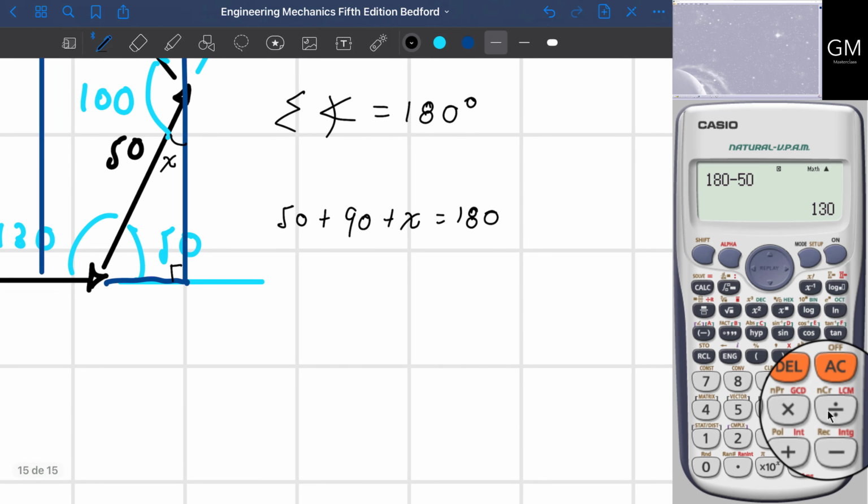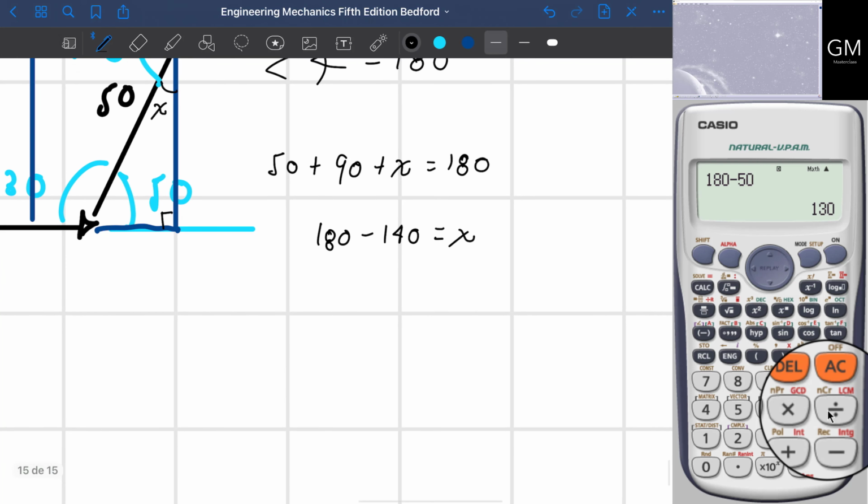Okay, so right here I have that 180 minus 140 equals x. Am I right? Yep, I'm right.